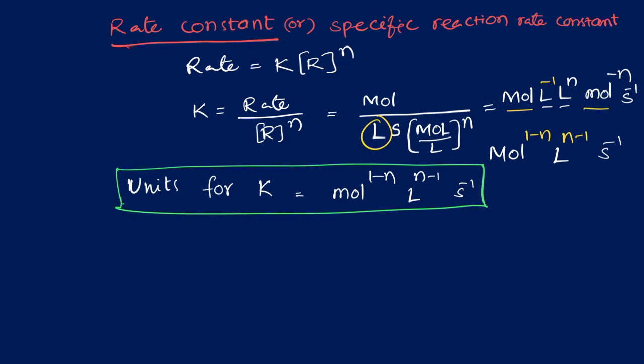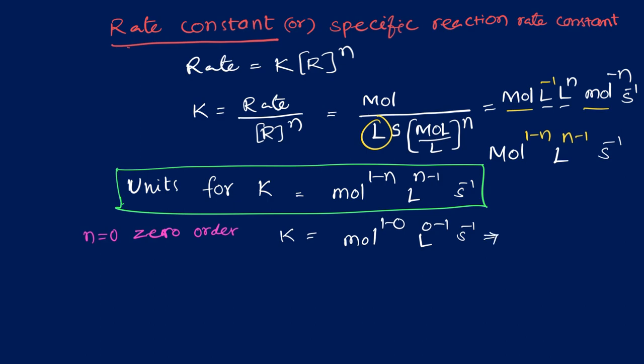Now we can write the units for each order of reaction. For example, n equal to 0, zero order reaction. For this, I can write K is equal to mole 1 minus 0, liter 0 minus 1, second inverse.